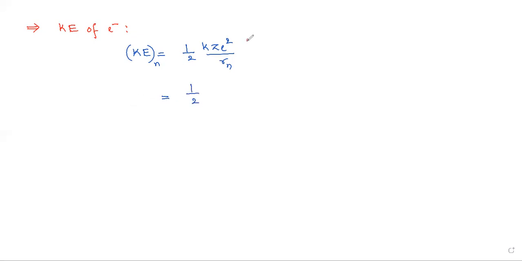Now substituting, looking at this, it is very clear that kinetic energy is the same as total energy but with the positive sign, isn't it? It is the same as total energy but with positive sign, because total energy, of course, the expression carries a negative sign here, right?